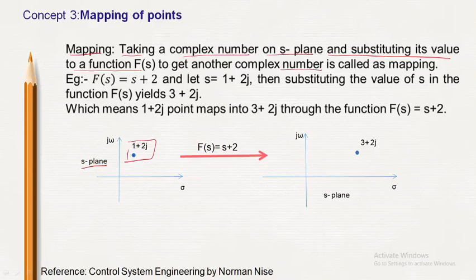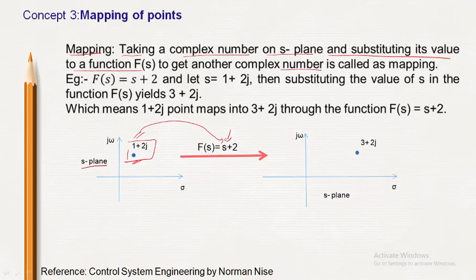So if I have a point in the S plane and a function of S, and I substitute this value of S into the function, then I'll get another complex number.